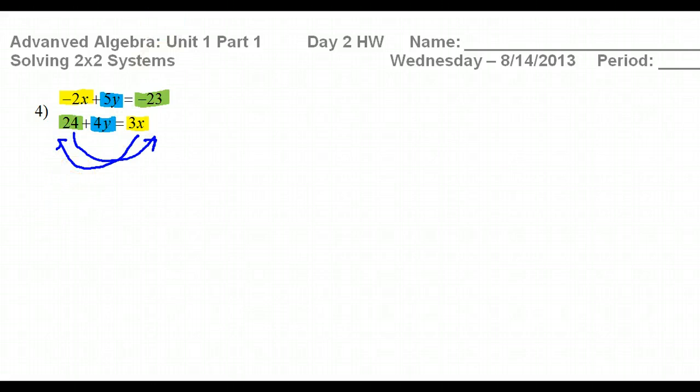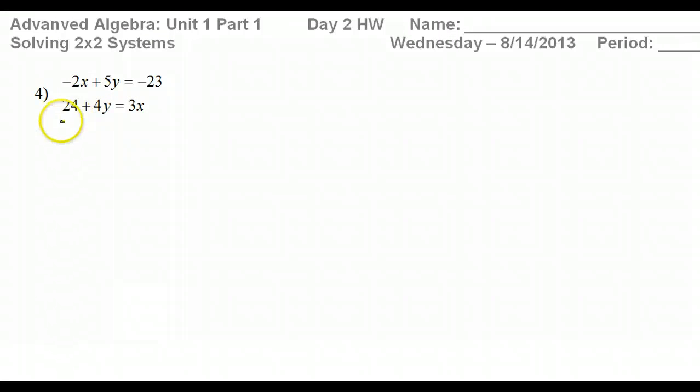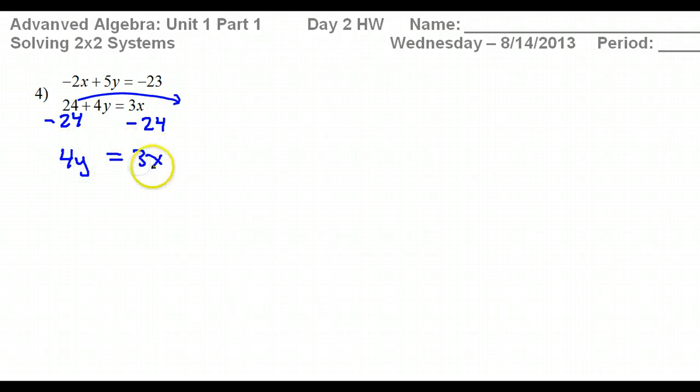So how do we do that? Well, for example, to move the 24 over, we can't just move it, but we can subtract it. So we could subtract 24 from both sides. So that would give us, so far, 4y is equal to 3x minus 24. Now we still need to get the x over to the other side.